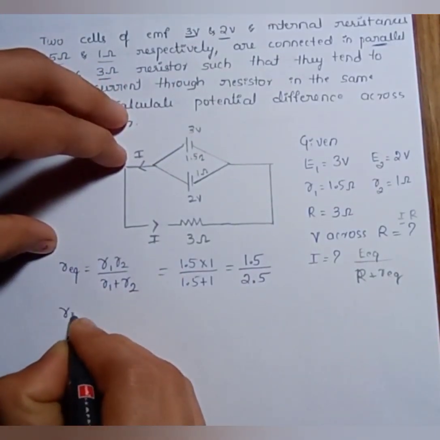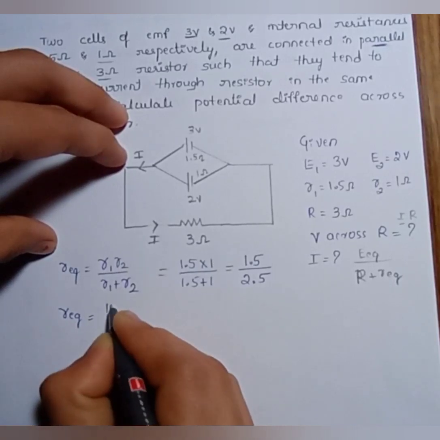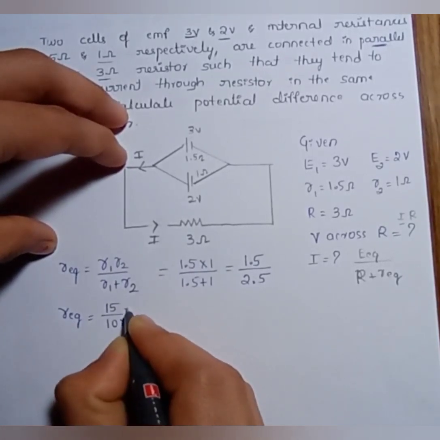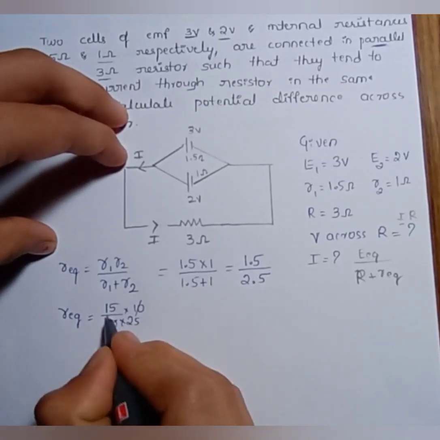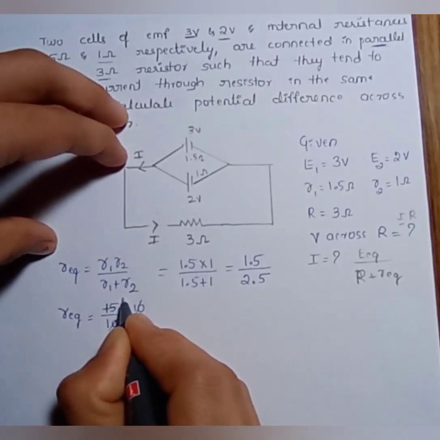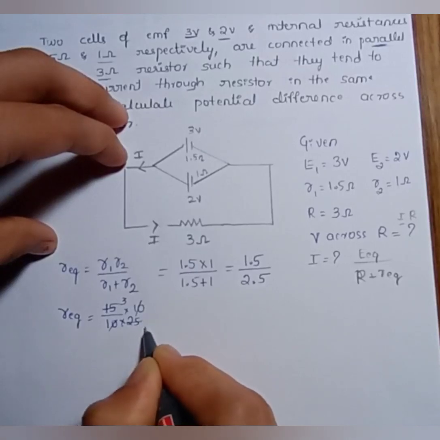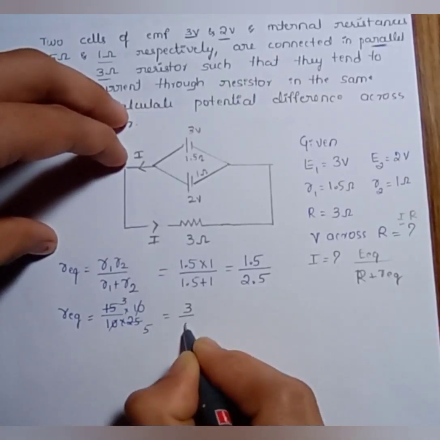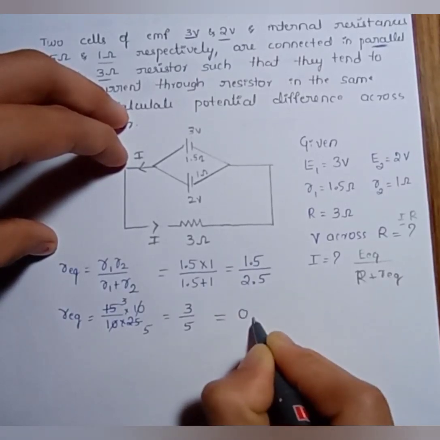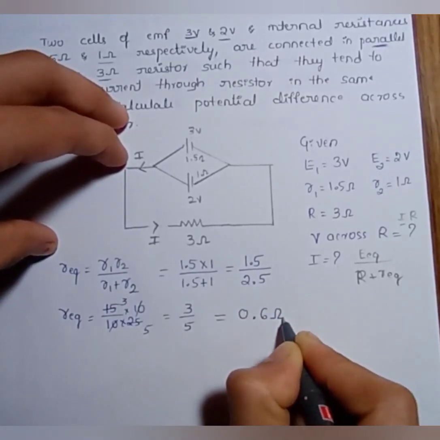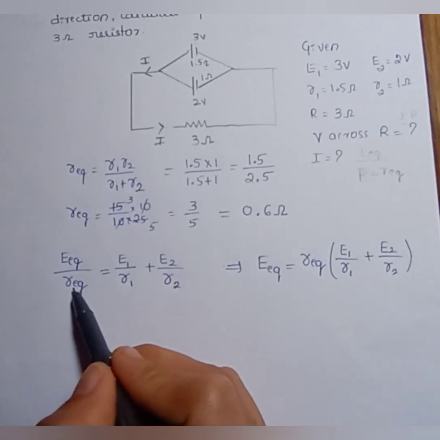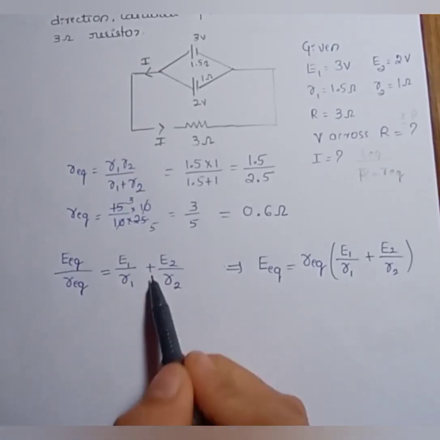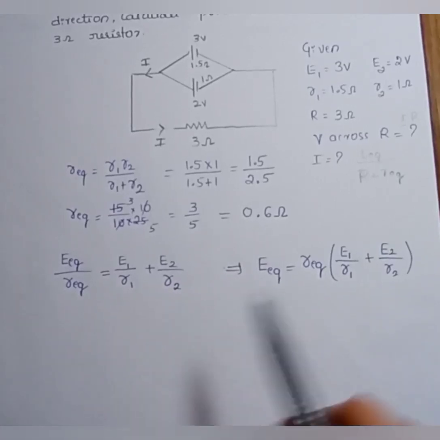Then R equivalent is equal to 15 divided by 10 into 10 divided by 25, which cancel each other, which gives 3 divided by 5, or 0.6 ohm.